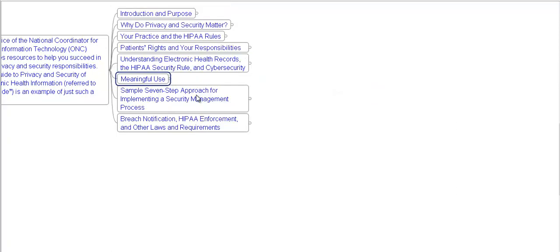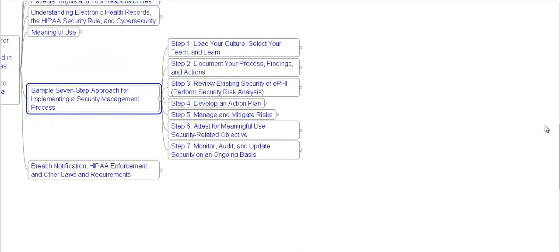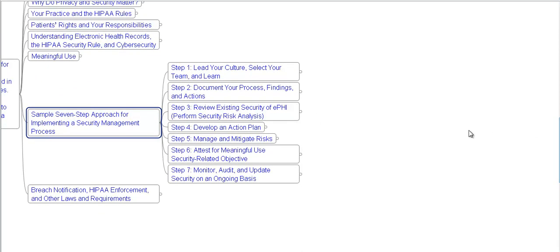Now see sample 7-step approach for implementing a security management process. Step 1. Lead your culture, select your team and learn. Step 2. Document your process, finding and action.